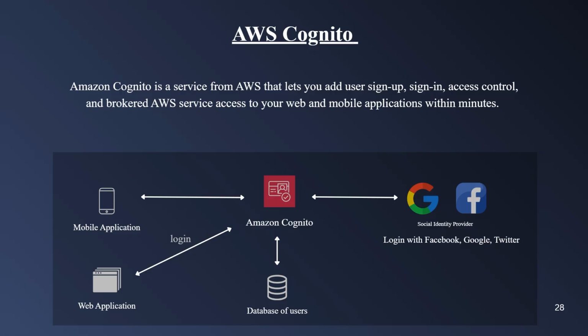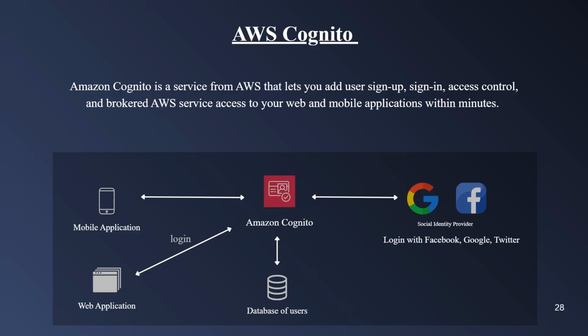AWS Cognito is actually a service from AWS that lets you add user sign up, sign in, access control, and brokered AWS service access to your web and mobile application within minutes. All right. So basically, if this is your web application, this is what you are using for your authentication.